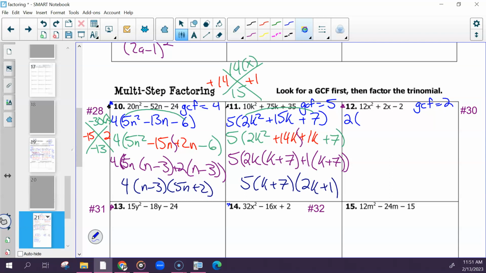6x squared. Plus 1x. I didn't put the 1, but you could put the 1. Minus 1. So then we are multiplying 6 and negative 1, so negative 6. Looking for two numbers that multiply to be that, but add to be 1.